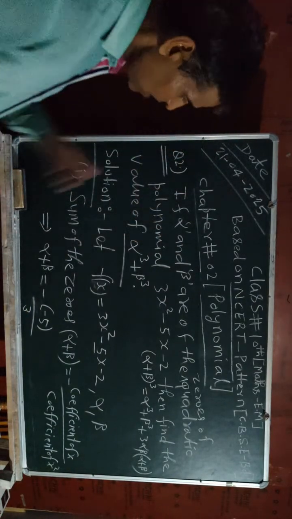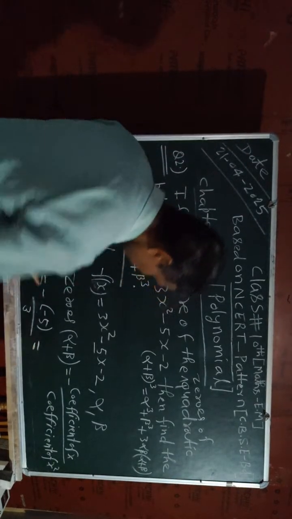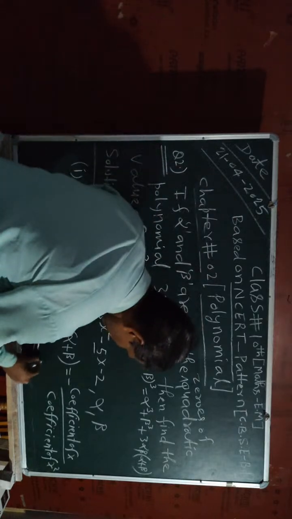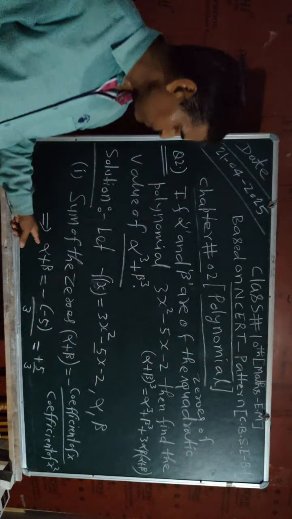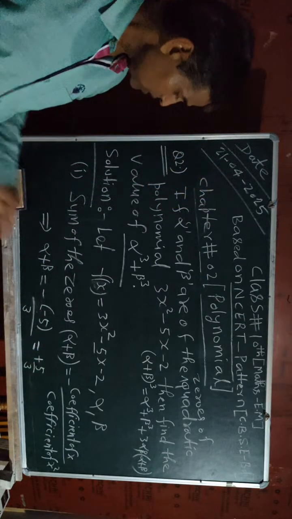In other words, the multiplication of this minus sign and this minus sign will become plus. So I will say plus 5 divided by 3. In other words, we can say that alpha plus beta is equal to 5 divided by 3. Okay student, this information I am also going to write here.